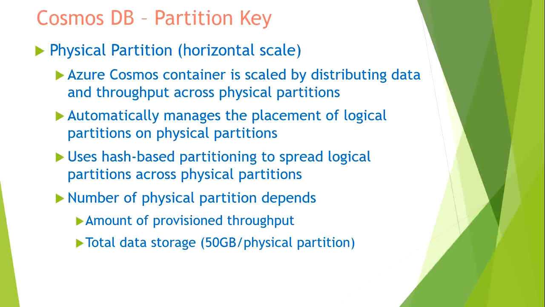As I said, if it is less than some 20, 30, 40 or 50 GB of data, it will be hosted on a single partition. It doesn't need more than one partition. But if the data increases beyond that, it will automatically create another physical partition, and accordingly it will map the logical partitions to the newly created partition.